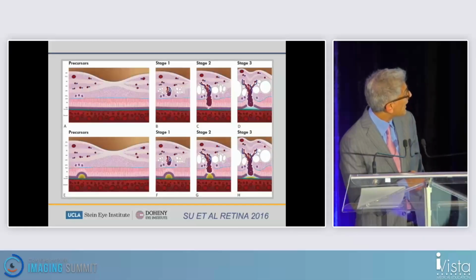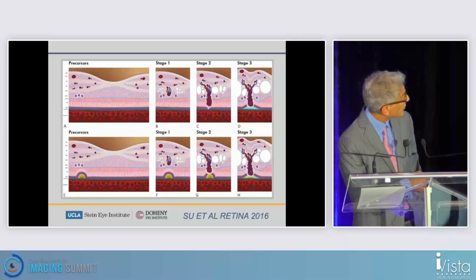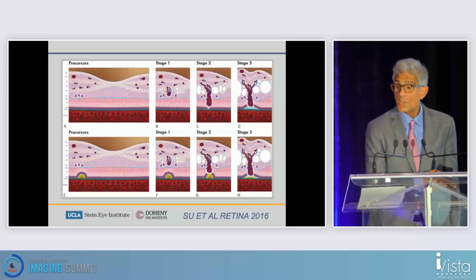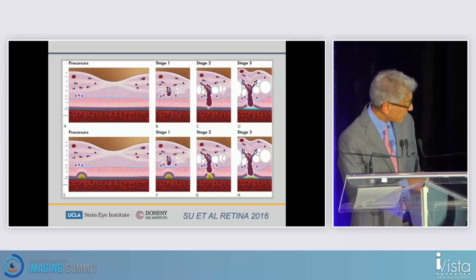We staged that in this particular publication. The lesions initially start as hyperreflective foci. Then you see an angioma in the intraretinal space that grows down to the RPE and then insinuates or grows into the RPE, leaks, and then can cause even a very large pigment epithelial detachment.